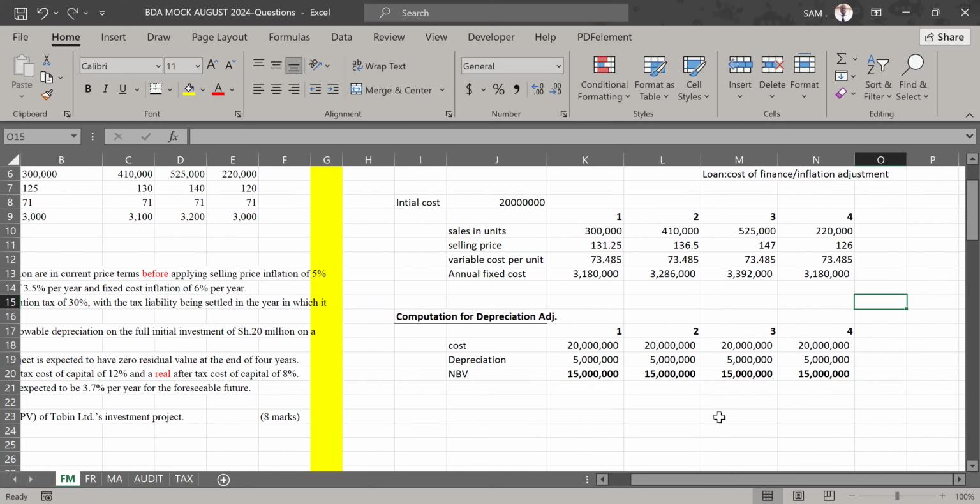No, we are not charging 20 million depreciation. The cost remains constant across the 4 years because it is on a straight line basis. The reducing balance is where they vary.